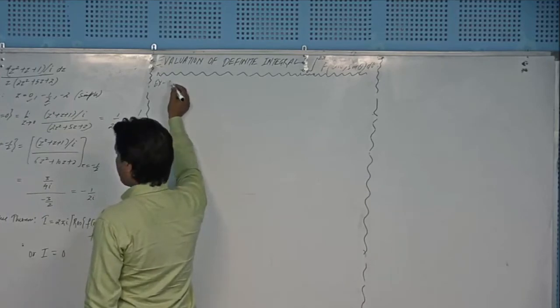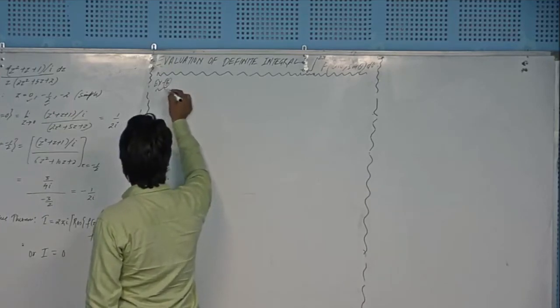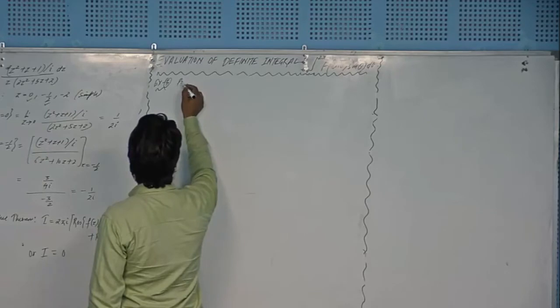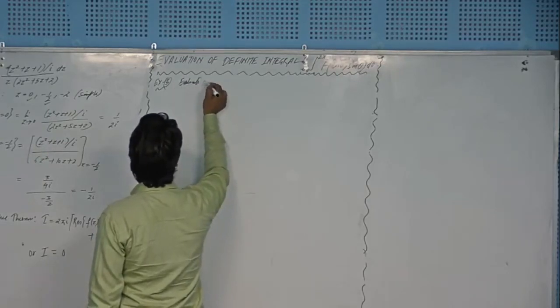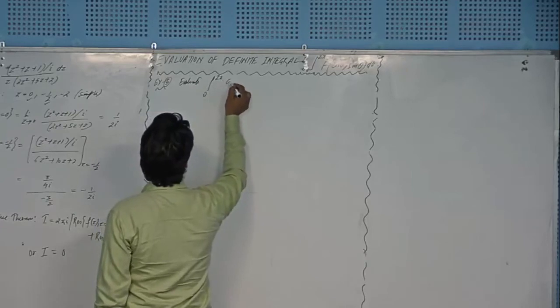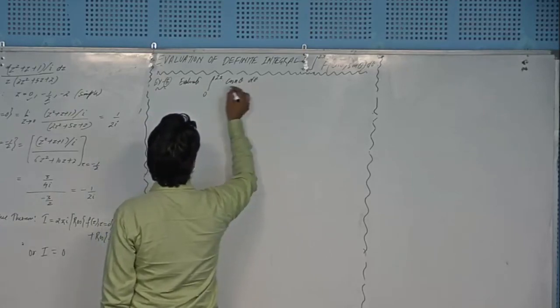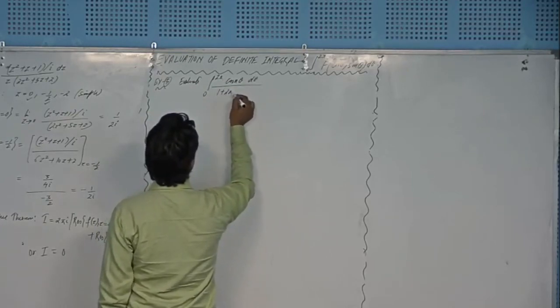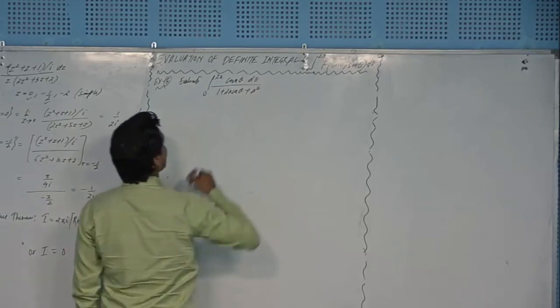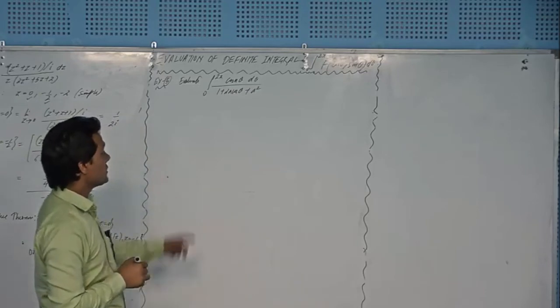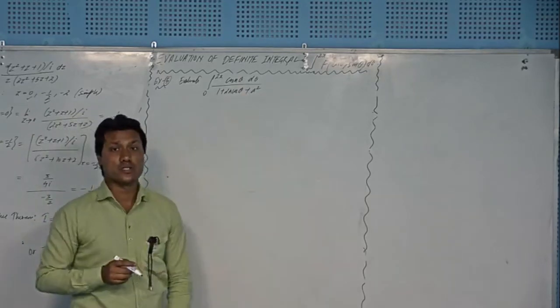Example number 5. Prove or evaluate the integral from 0 to 2 pi of cos n theta d theta over 1 plus 2a cos theta plus a square. You have to evaluate this integral, and you can see that in the numerator you have cos n theta.